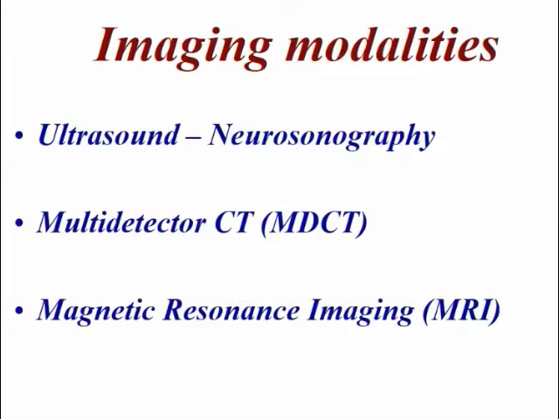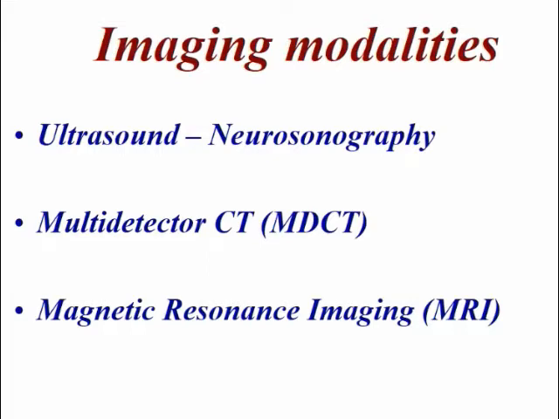So basically, for pediatric or neonatal cases, three imaging modalities are important. One is neurosonography. I think you all are aware of neurosonography, where we make use of a high frequency ultrasound, around 5 megahertz, to look at the intracranial structures.